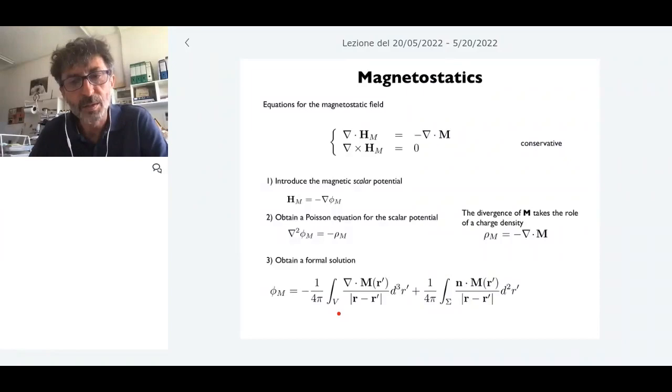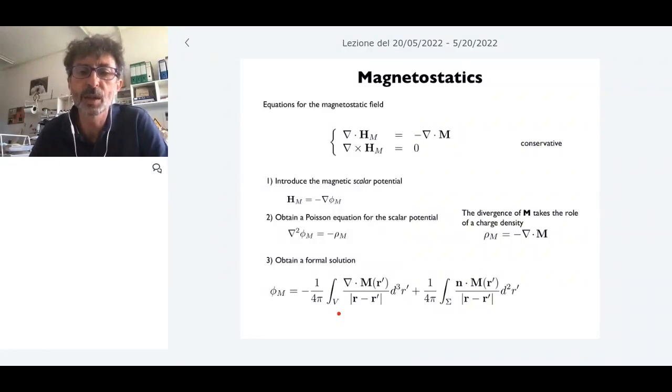What does this mean? That you have substantially two sources for this magnetostatic field. One comes from the fact that the magnetization is non-uniform inside the material, and the other comes from the fact that the magnetization goes from the magnetic material to nothing else. One is volume and the other one is surface. You can easily put to zero the first if you are able to have uniform magnetization.